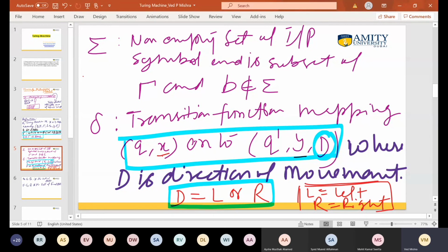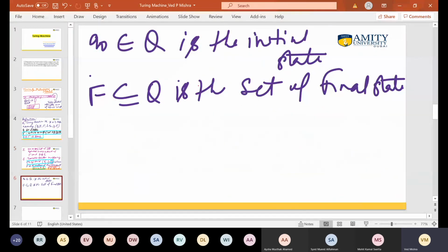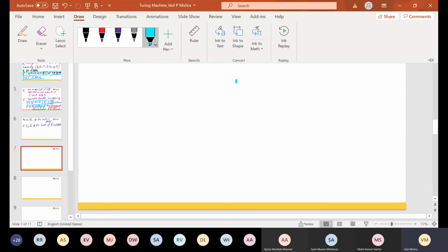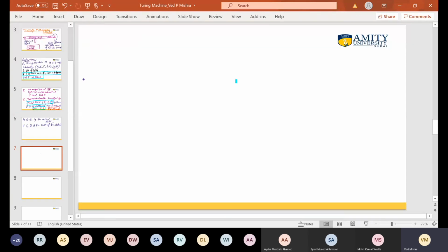Now we will do one instantaneous definition, and with that you will understand more about the Turing machine. So we will do the instantaneous definition for the Turing machine. Okay.